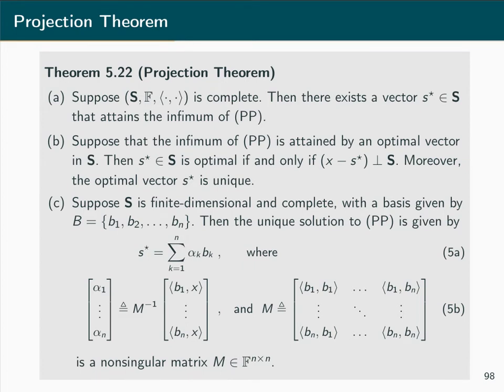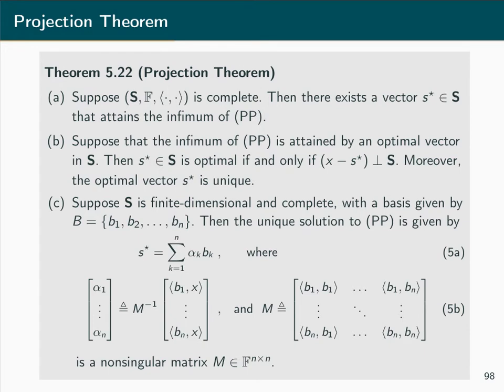In statement A, the assumption is that the subspace S is complete, so we could also say that S is a Hilbert space. And in this case, the statement is that there exists a vector s star in S that attains the infimum of PP. In other words, there exists at least one optimal vector.